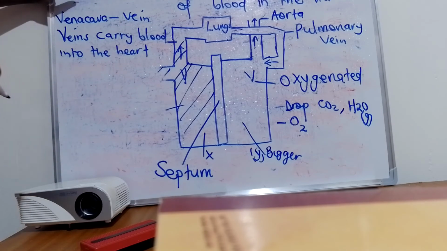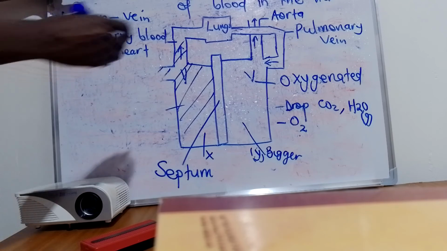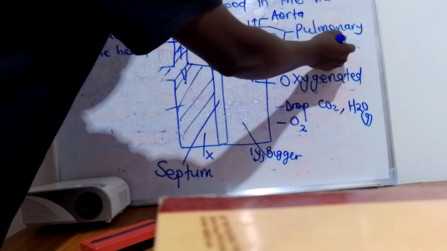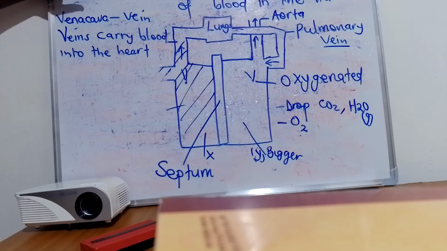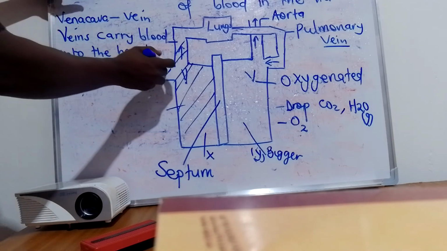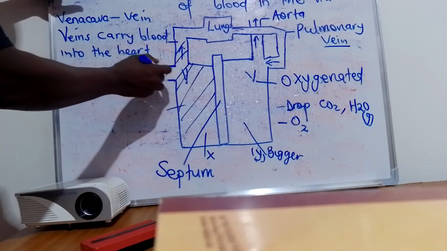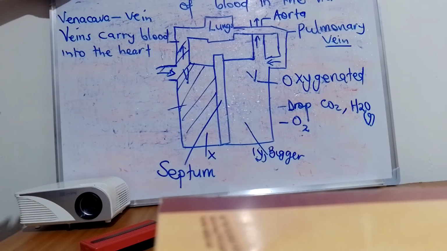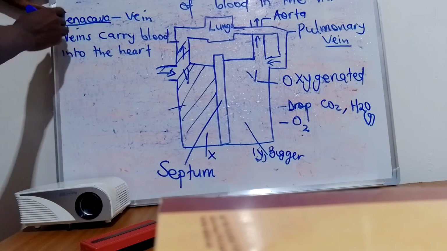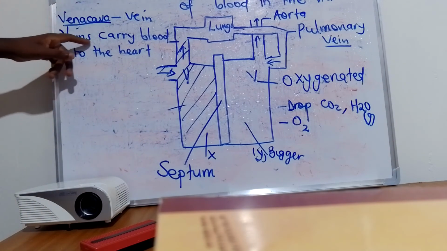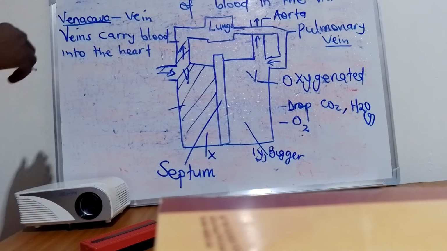That's why this is a vein, pulmonary vein. This vena cava is a vein. Why? It carries blood into the heart. So vena cava is a vein. Reason being, it carries blood into the heart.